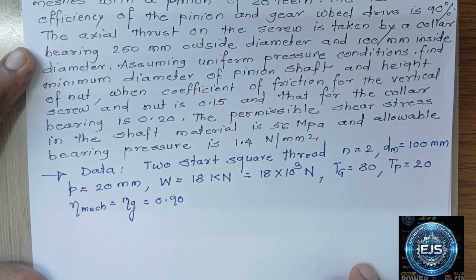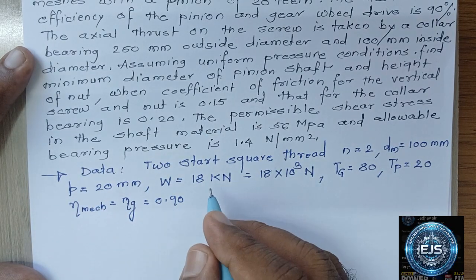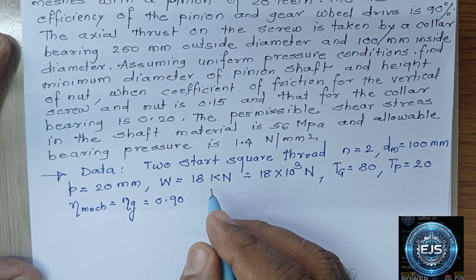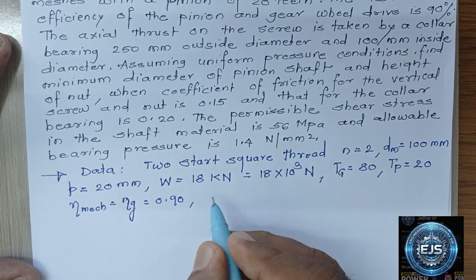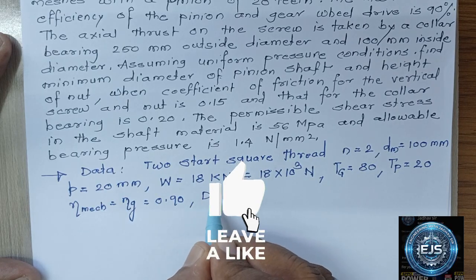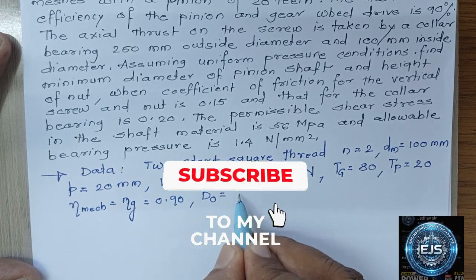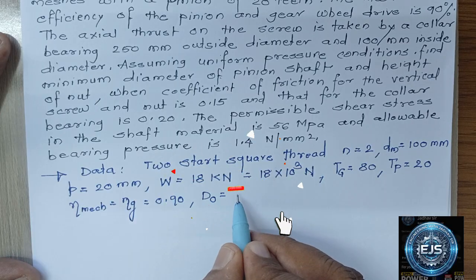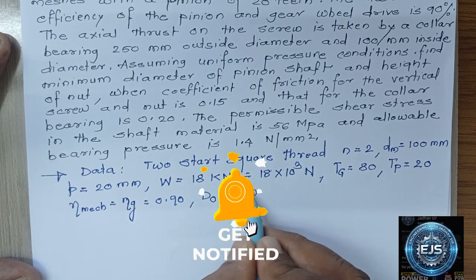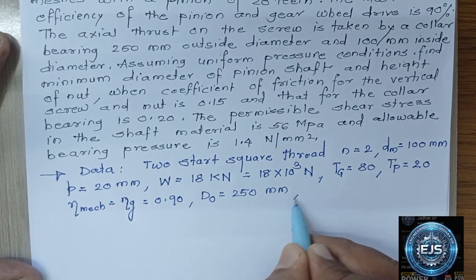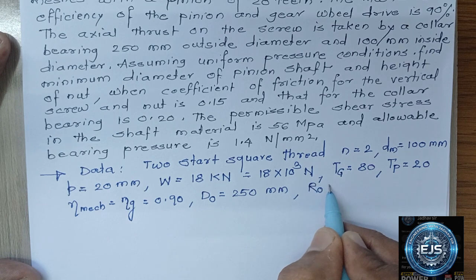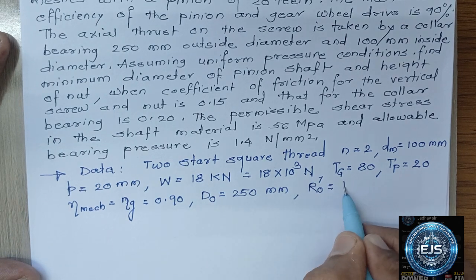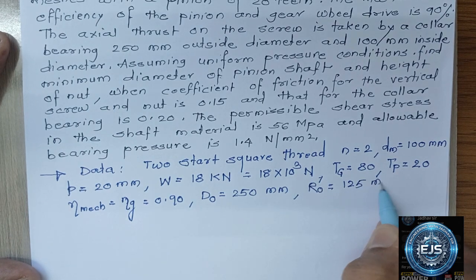Then the axial thrust on the screw is taken by the collar bearing whose outer diameter is 250 mm and inside diameter is 100 mm. So DO is the outside diameter of the collar, that is 250 mm. From that we can find the outer radius of the collar. Outer radius is half of the diameter, so 125 mm.